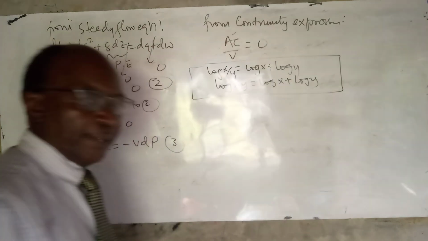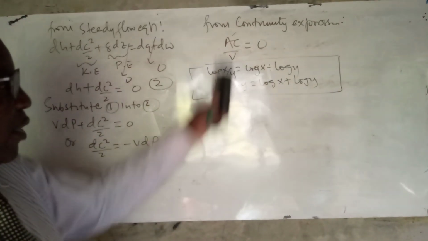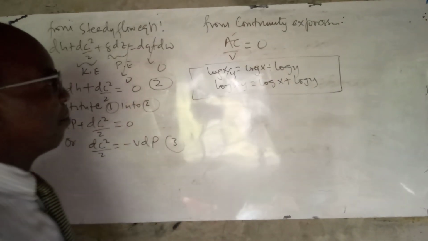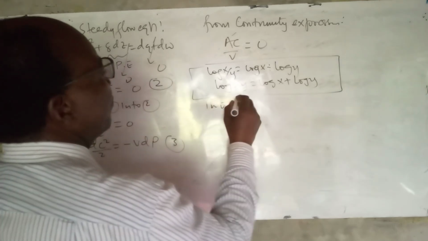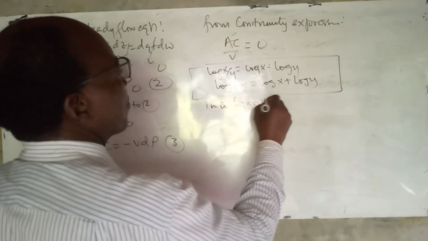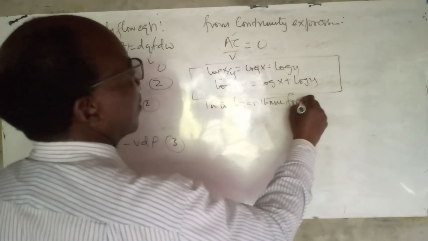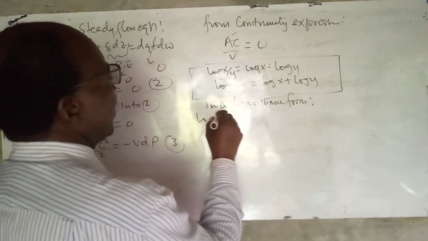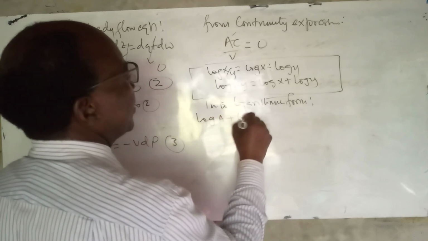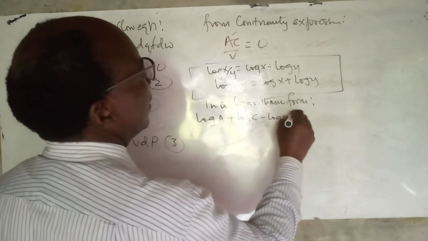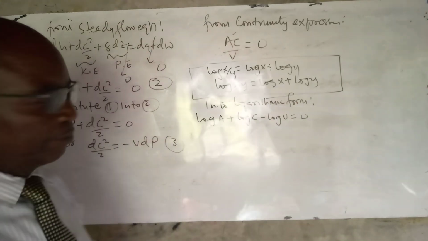Converting to the logarithmic notation, we have log of A plus log of C minus log of V is equal to a constant.